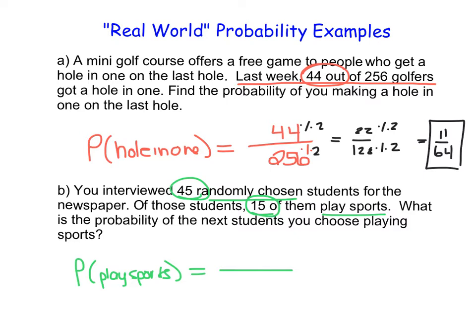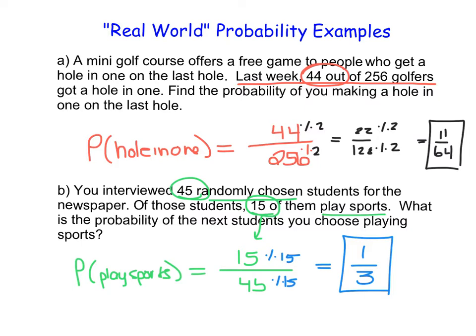So favorable that they play sports is these 15 students right here. And total is 45 students that have been interviewed. So then from here, all we need to do is simplify. I know both of these are divisible by 15. And as a result, I get a probability of 1/3 that the next person I pick will play sports.